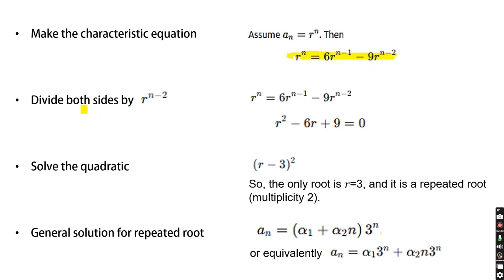And then next, we will divide both sides by r^(n-2). After dividing, we have derived this solution since we have combined like terms. The result is r squared is equals to 6r minus 9.